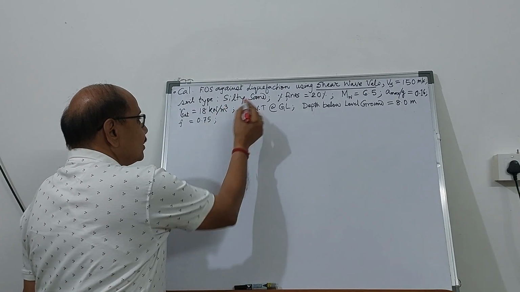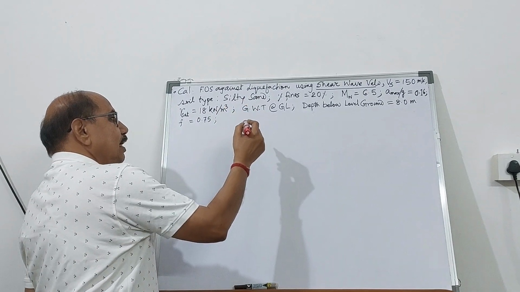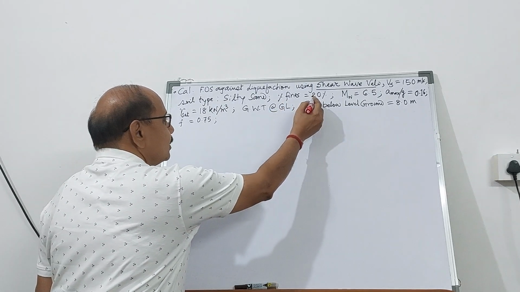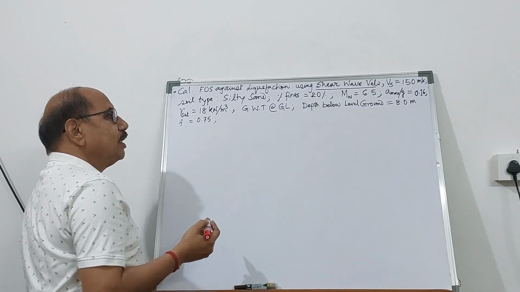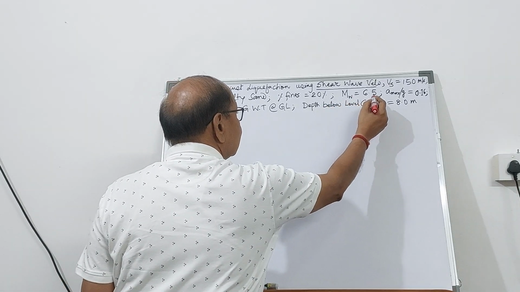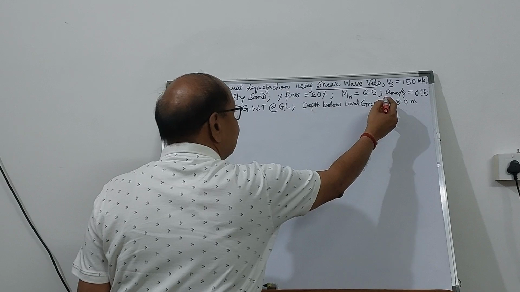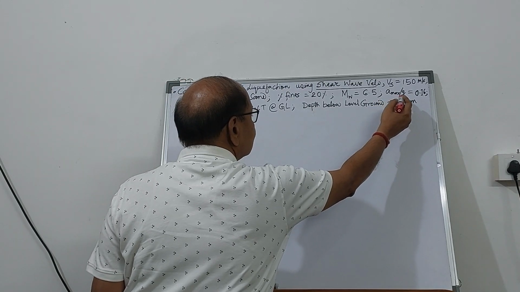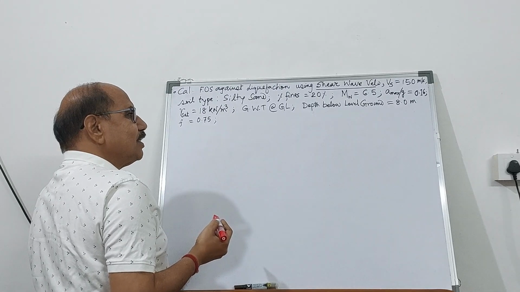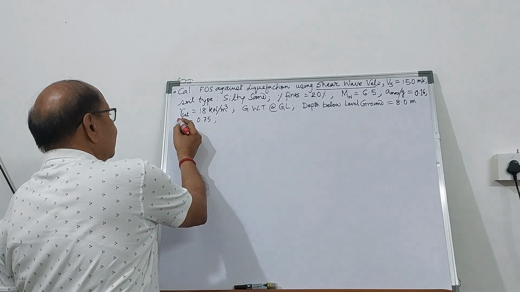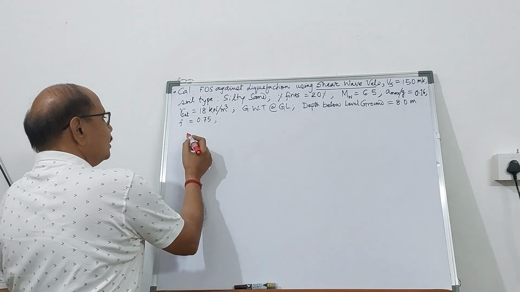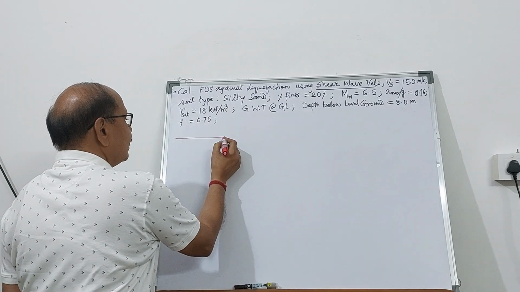The soil type is silty sand and the fine content is 20%, and the magnitude of the earthquake is given to you as 6.5, and the peak ground acceleration Amax is 0.16 times g. Saturated unit weight of the ground is given here.